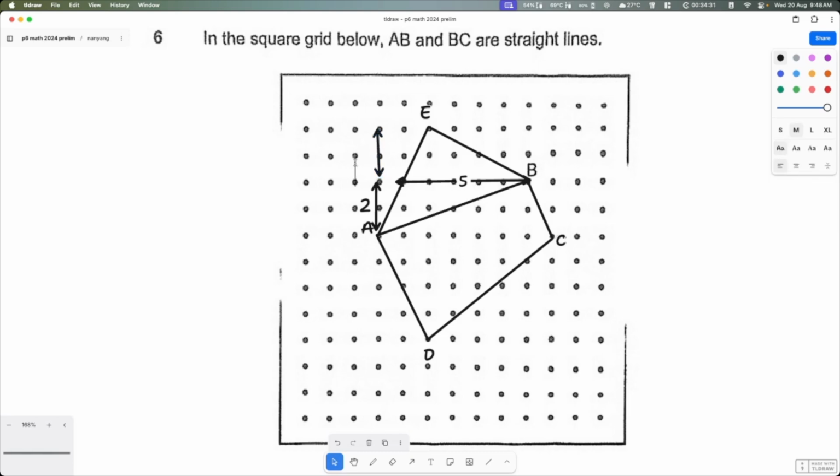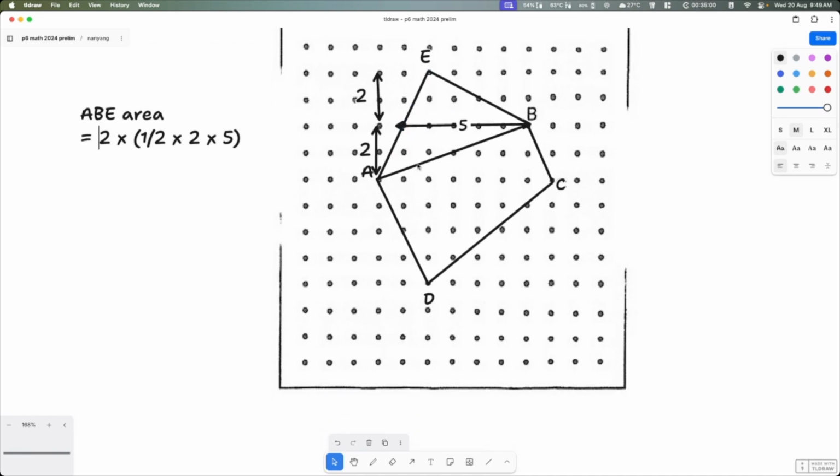Basically, half times 2 times 5 is one triangle, and since they both have the same height, the area of ABE is equal to 2 times half times 2 times 5. So this becomes 2 times 5 is 10, so this is just 10.